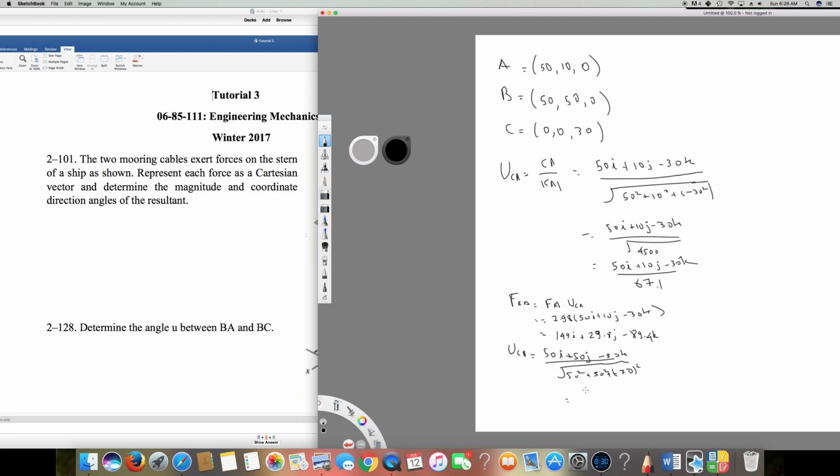The square root of 5900 is giving me 76.8. So 50I plus 50J minus 30K over 76.8.